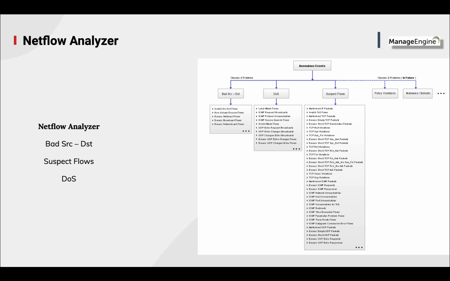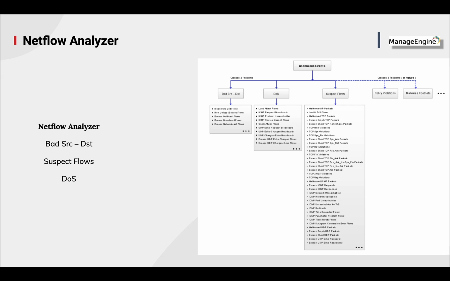With the help of the flows that are collected, we classify anomalies like bad source destination, like source IP is either multicast or broadcast or network IP, that's unicast.